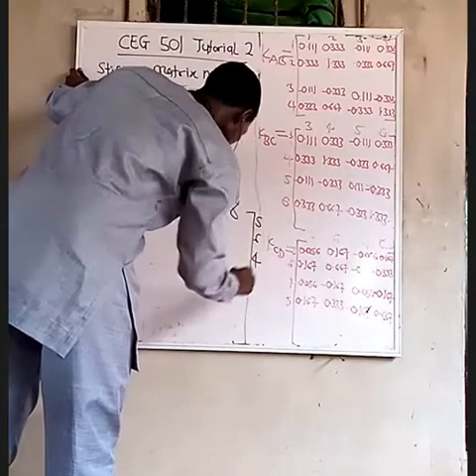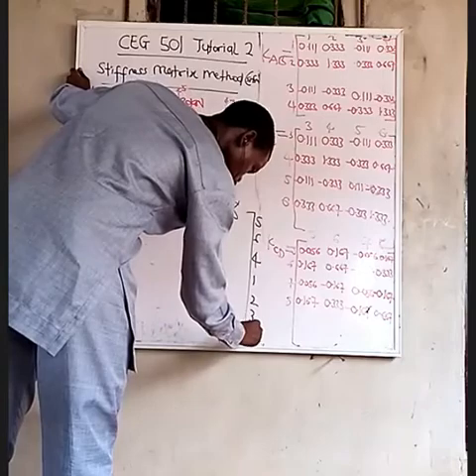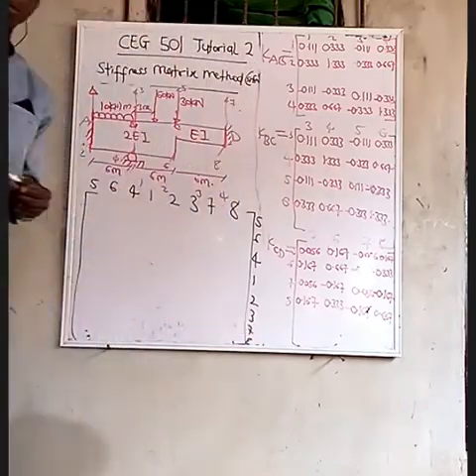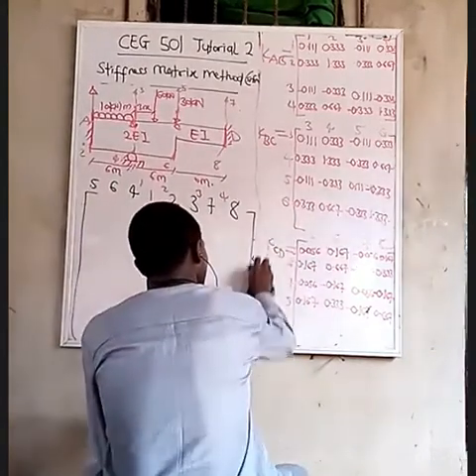Do the same thing. Write it up. 5, 6, 4, 1, 2, 3, 7, 8.